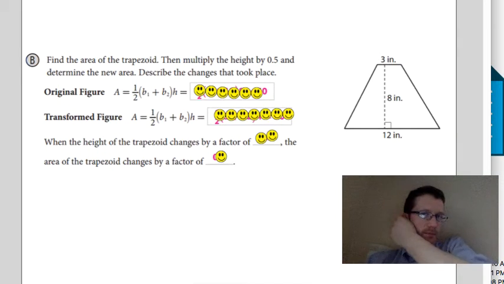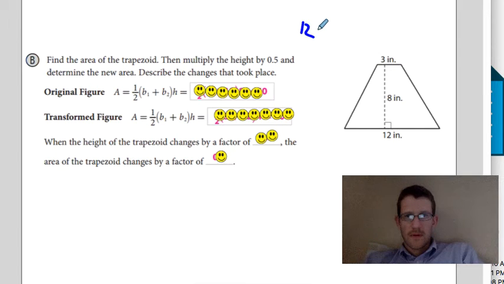Let's try this one. We got the area of this trapezoid, and then let's just figure out the area first. So trapezoid, the pattern is we take the average of the 2 bases, so in this case 12 and 3, so 12 plus 3 divided by 2, and then we're going to multiply that thing by 8.